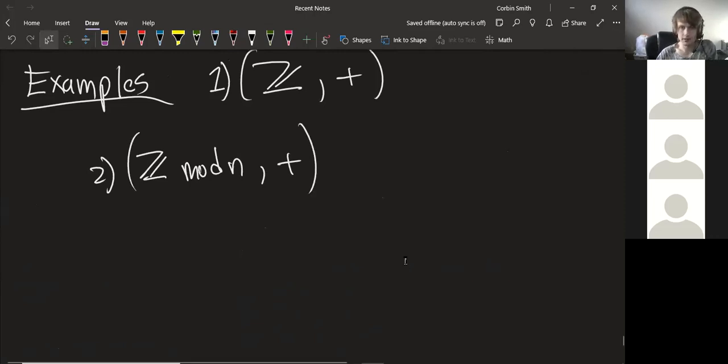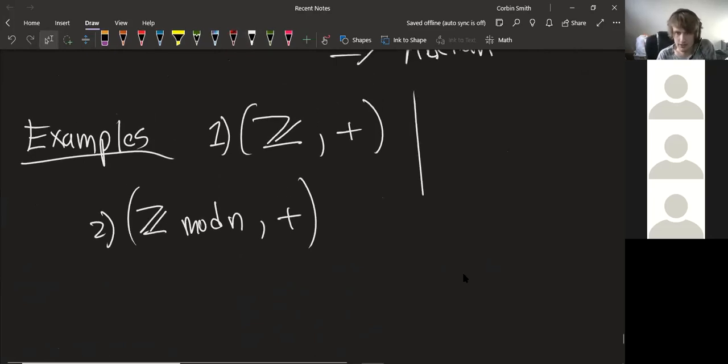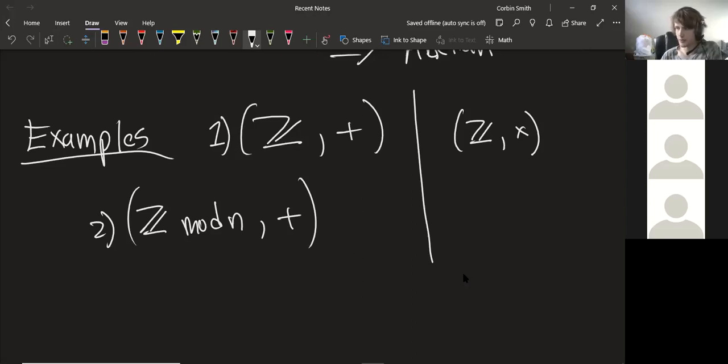Okay, let's give some non-examples that are related to this. A non-example of a group is Z with multiplication. So can someone tell me what fails in the integers when we're using our operation as multiplication? Well, no, we have the number 1, so we can multiply by 1, and that gives us back what we started with. And multiplication is associative.